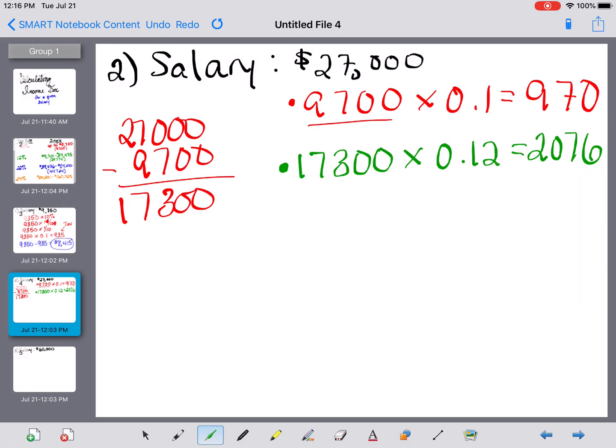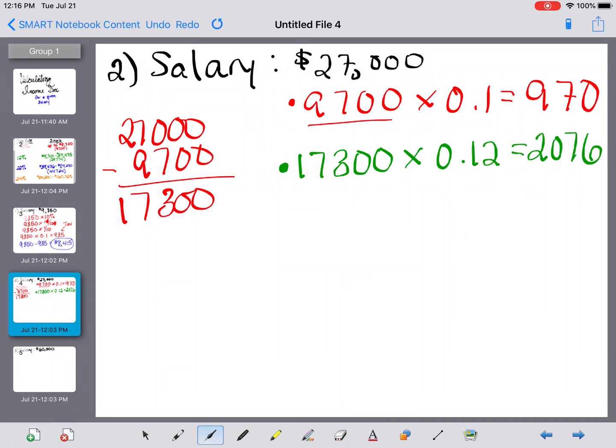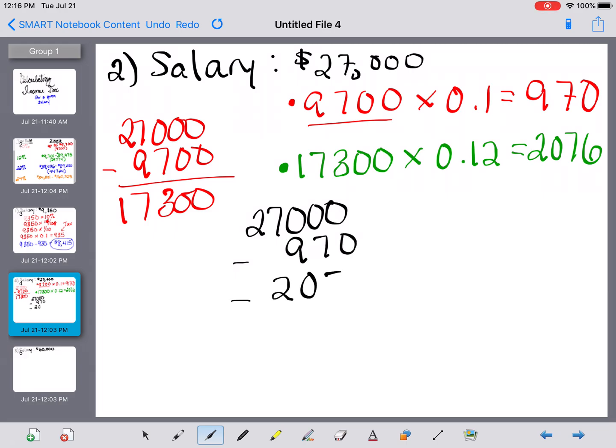So now we have 2 different tax amounts, and we need to take both of them away from our original salary. So our final calculation, we have to do 27,000 minus 970 minus 2,076. And that will give us our final answer, which is how much money we get after taxes, called our net income.